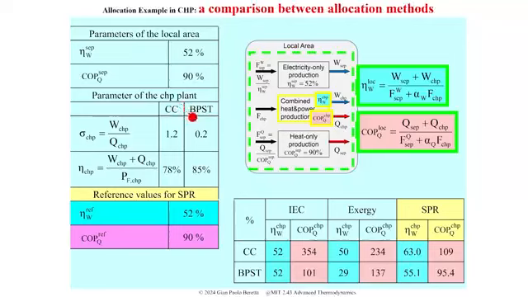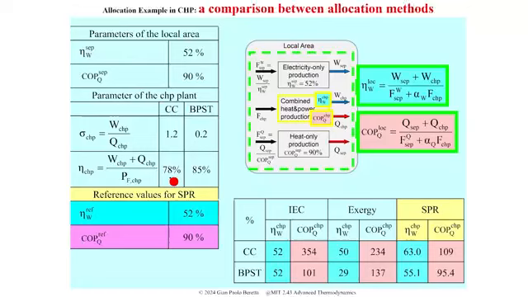This is also a back pressure steam turbine data, but I'm going to discuss only this one. And these are two parameters that characterize a combined cycle: the ratio of the work to the heat that is produced, and the first law efficiency.